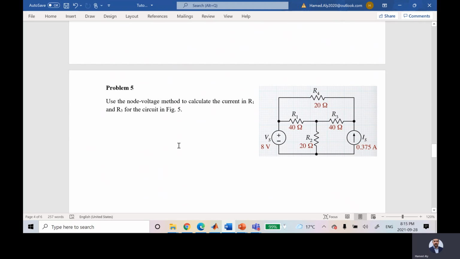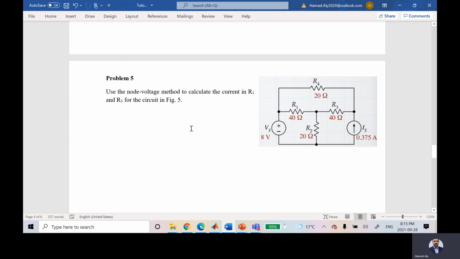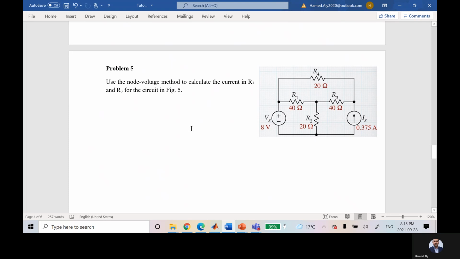Use the node voltage method to calculate the current in R1 and R3 in the circuit of figure 5. So how many nodes do we have? 4. Which one would you like to connect to the ground?